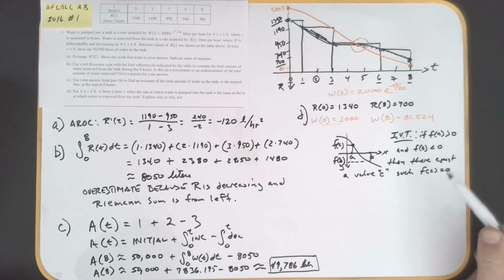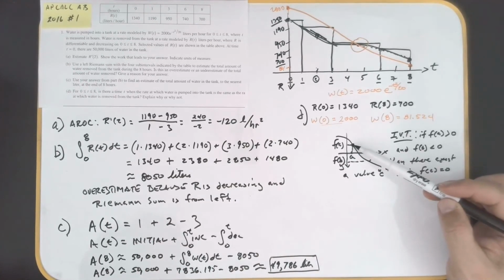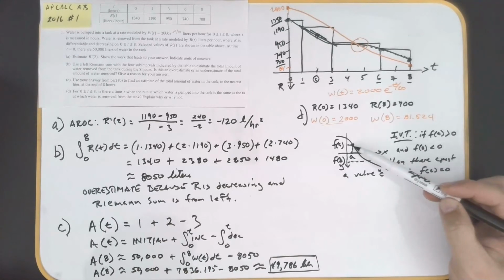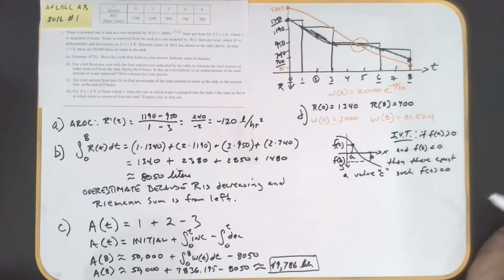Or in other words, if your y value is positive and the other y value at the other end of the interval is negative, then there has to be a 0 in between. They have to be crossing.